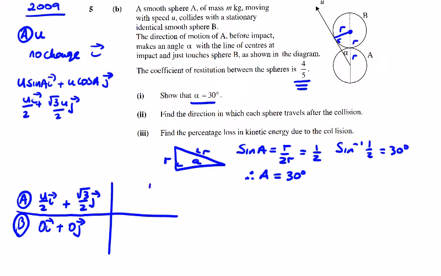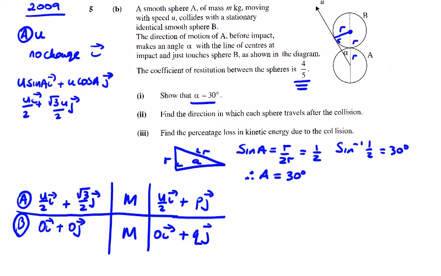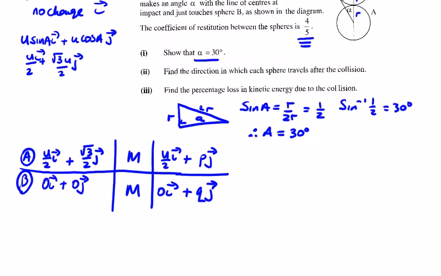What are their masses? Identical, m. So no change in I, so we're going to have u over 2 in the I plus P in the J for A, and 0 in the I plus Q in the J for B. So we set up our equations.